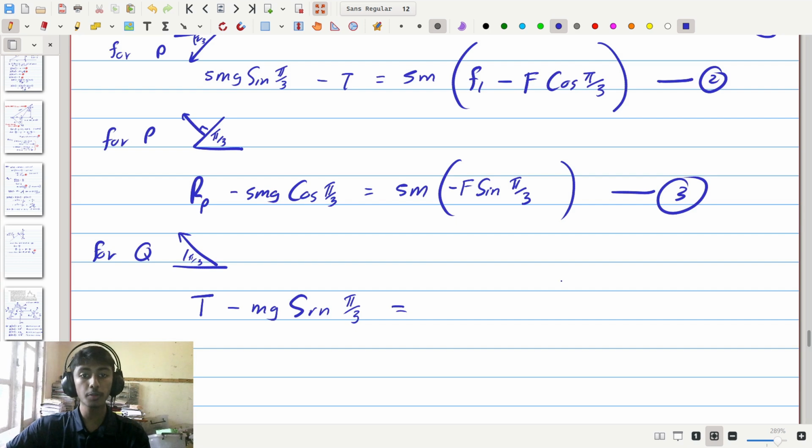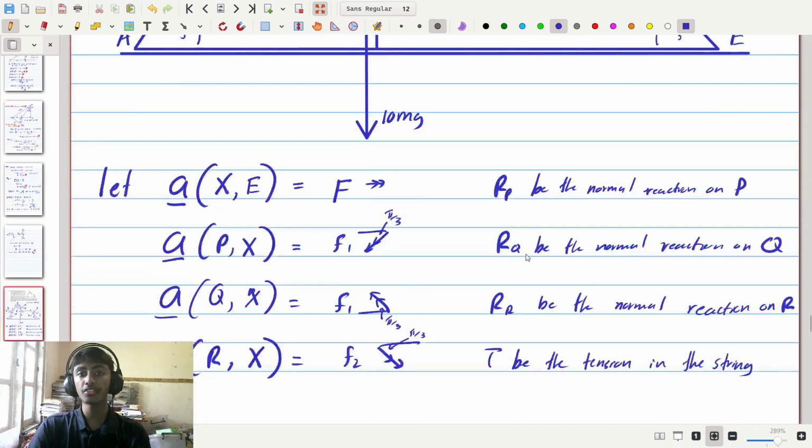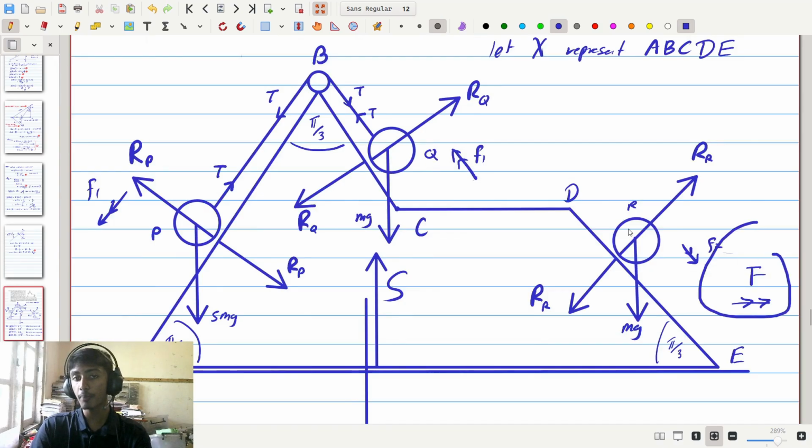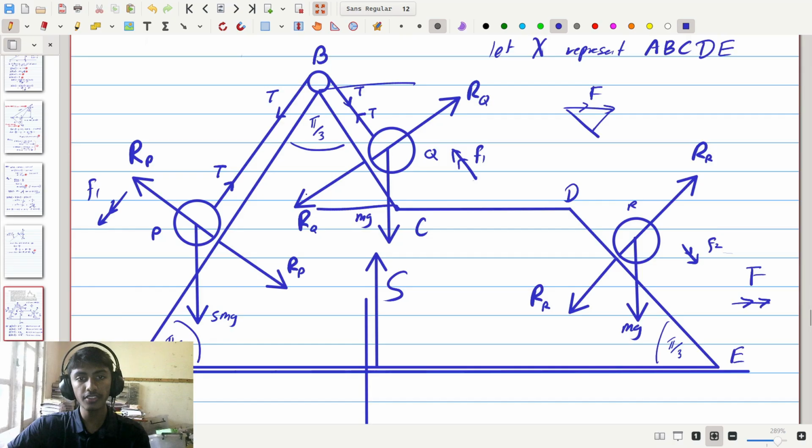And the acceleration is going to be with respect to m, since m is the total mass that we have, times the acceleration, which if we go up, we can see we have a positive F1 up the slope, but then we have this F's component down the slope. Since this angle here is pi by 3, if we consider the components, we have F like this, but what we want is this component like this. The angle here is going to be pi by 3, since this angle is pi by 3.